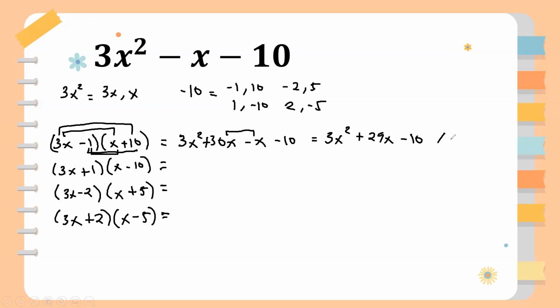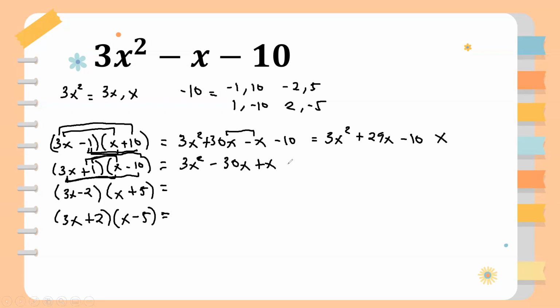So, x na to. Next, 3x plus 1 times the quantity of x minus 10. First, multiply the first terms. 3x times x, that is equal to 3x squared. Outer term, 3x times negative 10, that is equal to negative 30x. And then, inner term, 1 times x, that is equal to positive x.